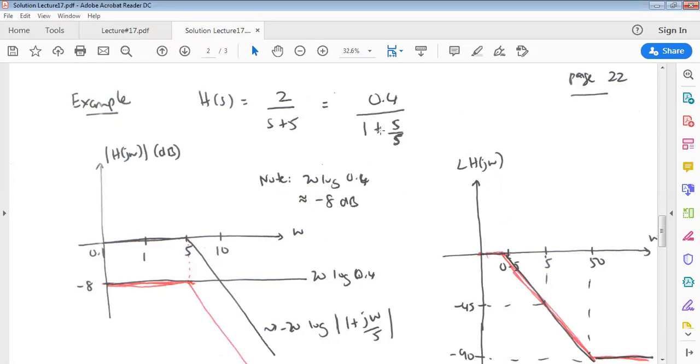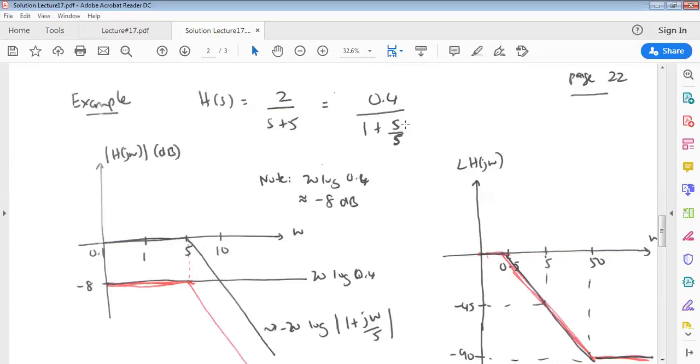In this form, we have two individual plots: a constant of 0.4, and a pole at 5.